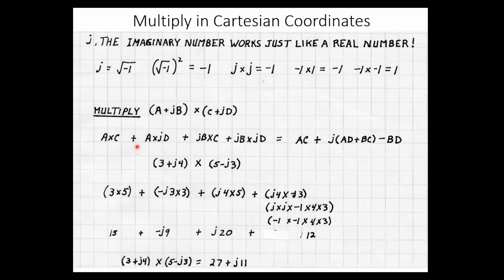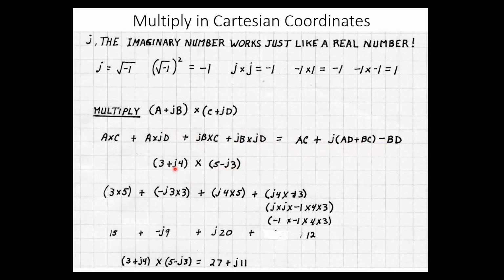So we have ac, plus operator j times (ad plus bc). Now, what is j times j? Minus 1. So I've got now ac plus j times (ad plus bc) minus bd.